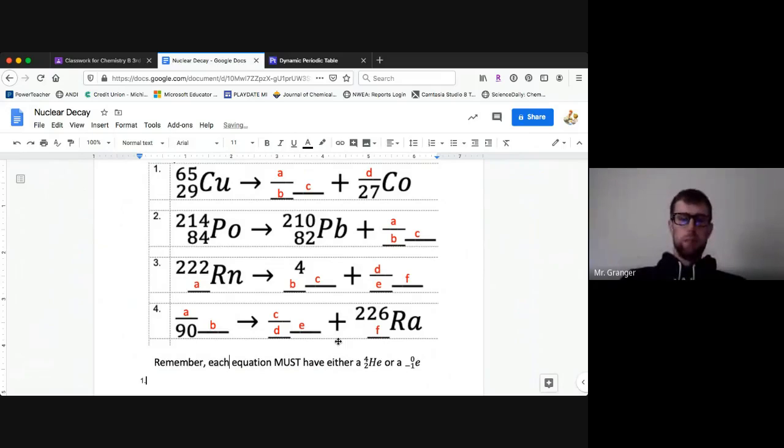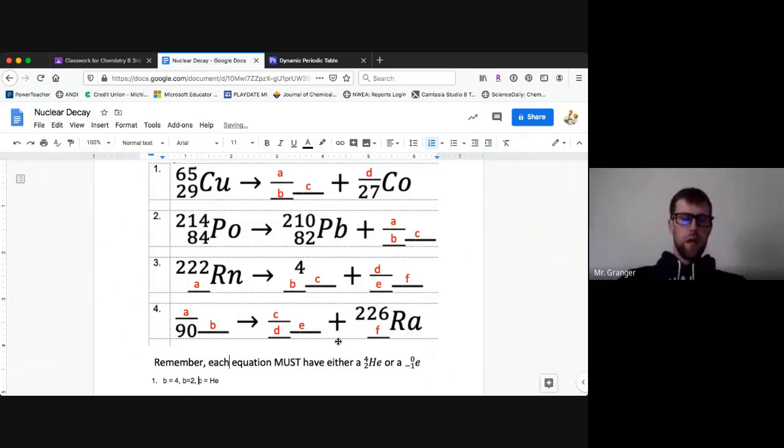So I'll go ahead and type that on the screen here. A would equal 4, blank B in number 1 would equal 2, and then letter C would equal He, the symbol for the element helium.